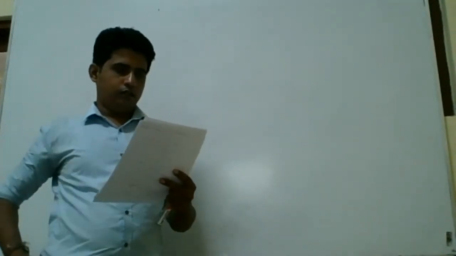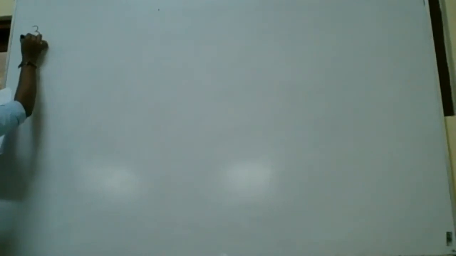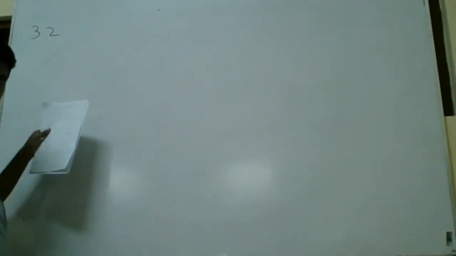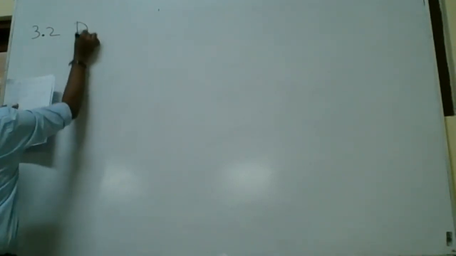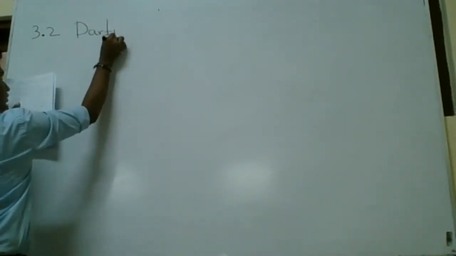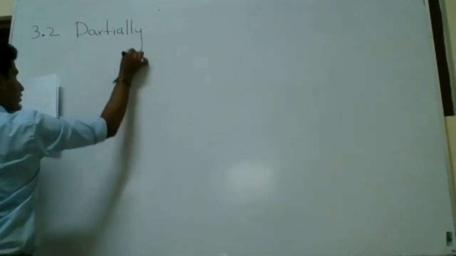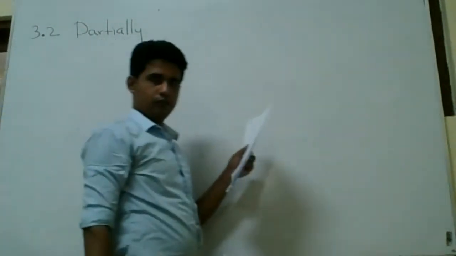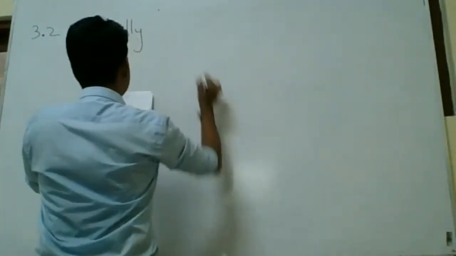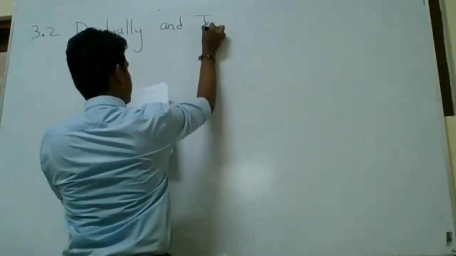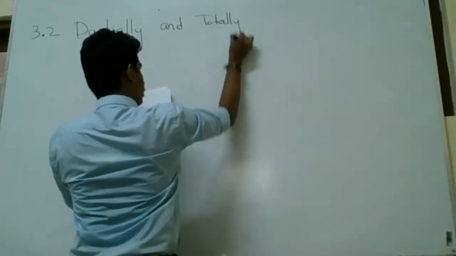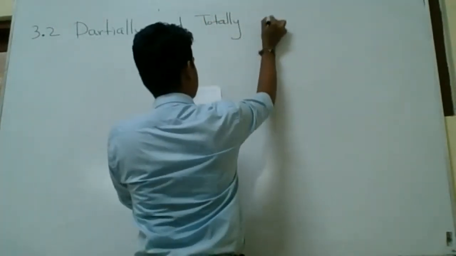This section, 3.2, is partially and totally ordered sets.